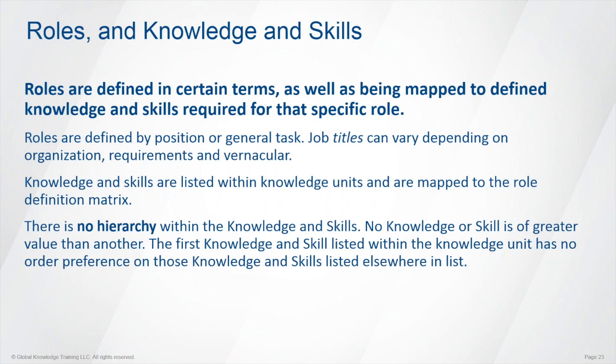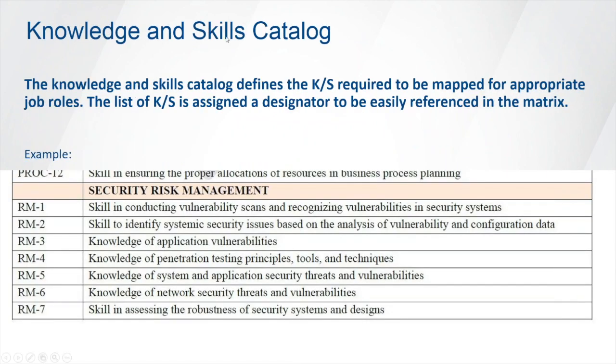Now, to put this in more concrete terms, this is kind of what it looks like. They put together a knowledge and skills catalog. So remember the area of security risk management, they've numbered the knowledge and skills. So this is RM1, this is risk management. They've labeled these things.